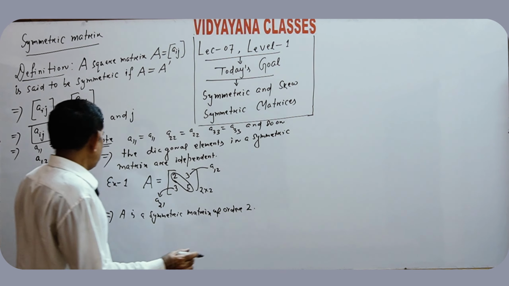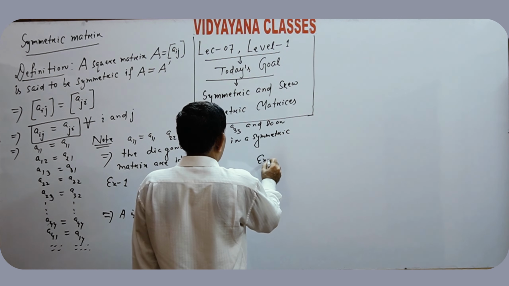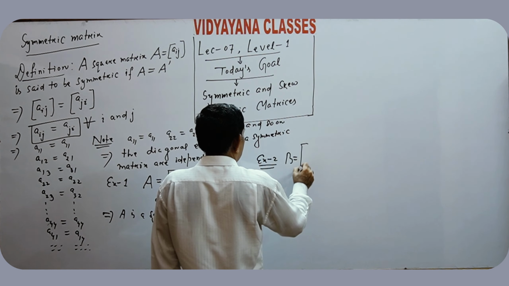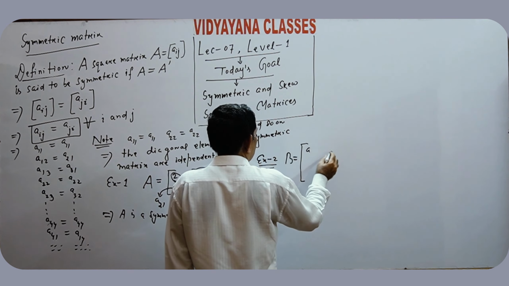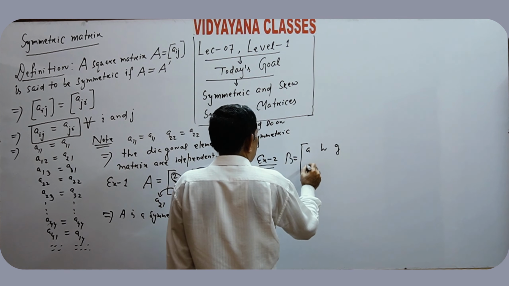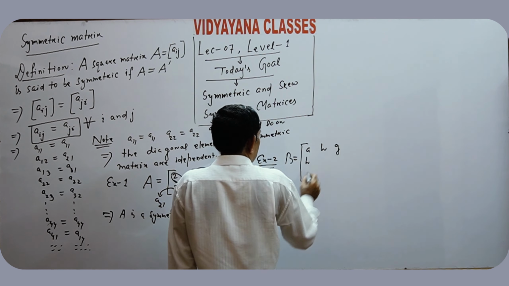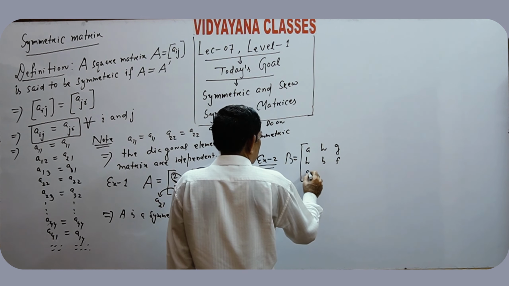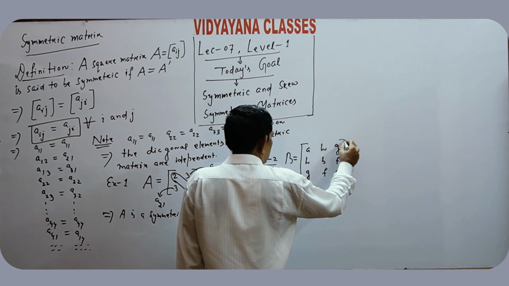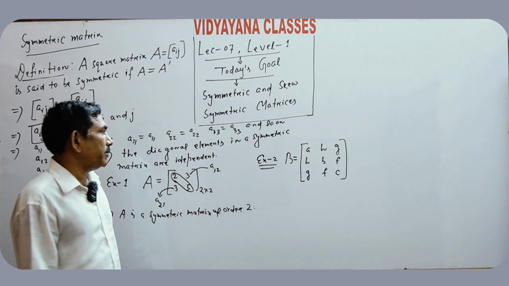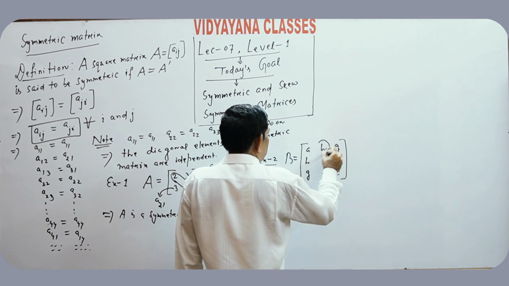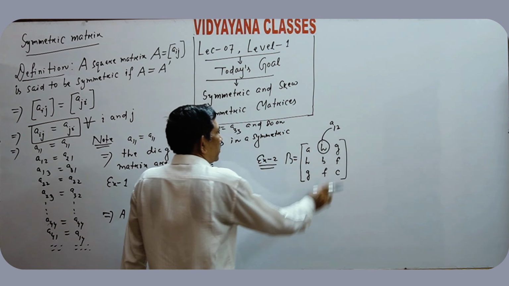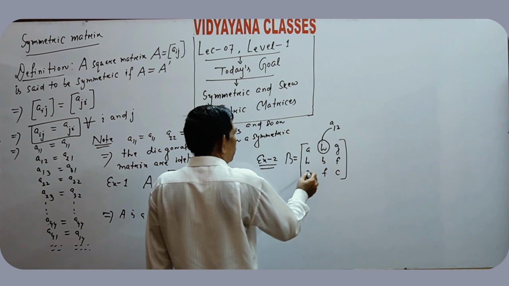Example 2. Capital B is a symmetric matrix since the element of first row, second column, A12, will be same as the element A21.